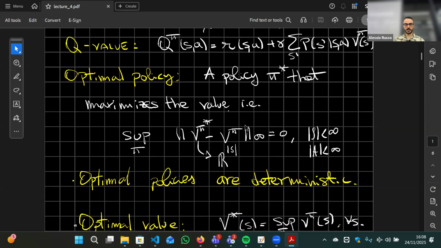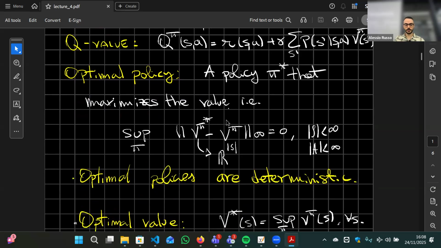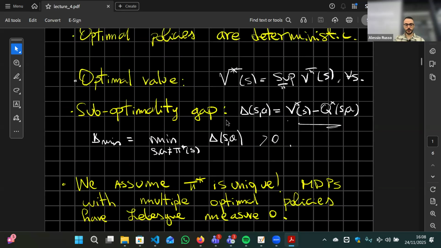So these are the basic things that we need. The problem is about identifying the best policy as quickly as possible with a given confidence level. And for this problem, we will also need the definition of suboptimality gap, which is basically the difference in a certain state between the value V star in s minus the value of taking action a in that state s under the optimal policy.